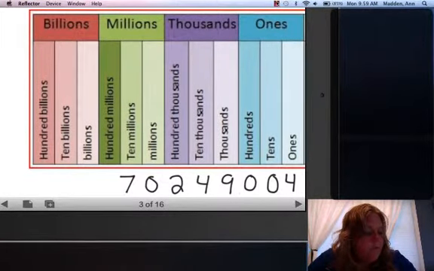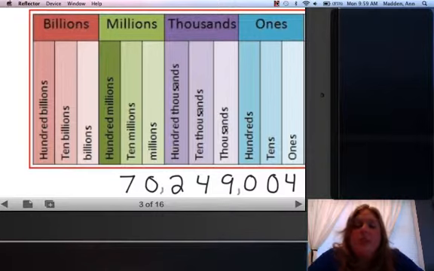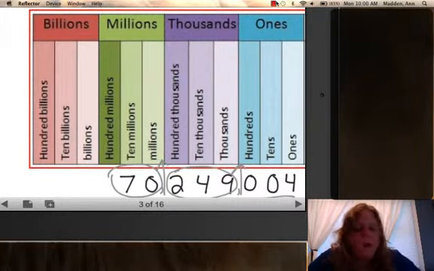I count 3 over for the ones period, 3 over for the thousands period, and then there's only 2 digits in the millions period. How I read this number is 70,249,004.